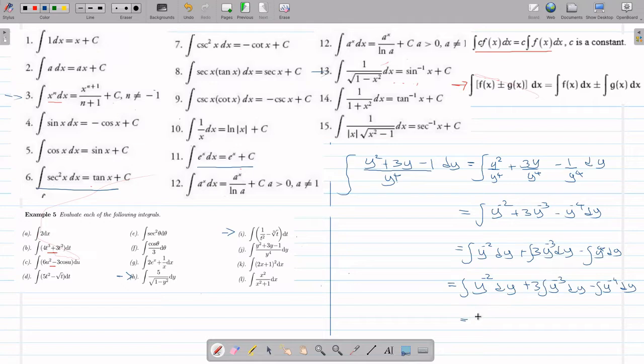So y to the 2, minus n is -2, -2 plus 1 is -1. So here I'll write it. y to the -1 over -1 plus here -3, no?